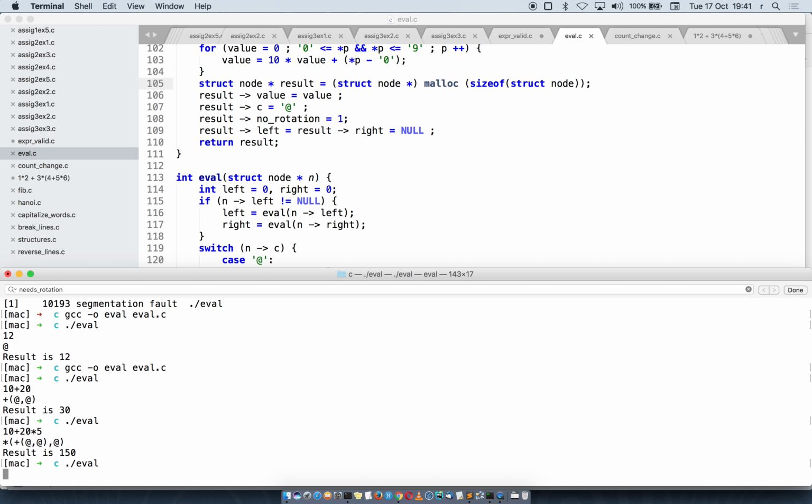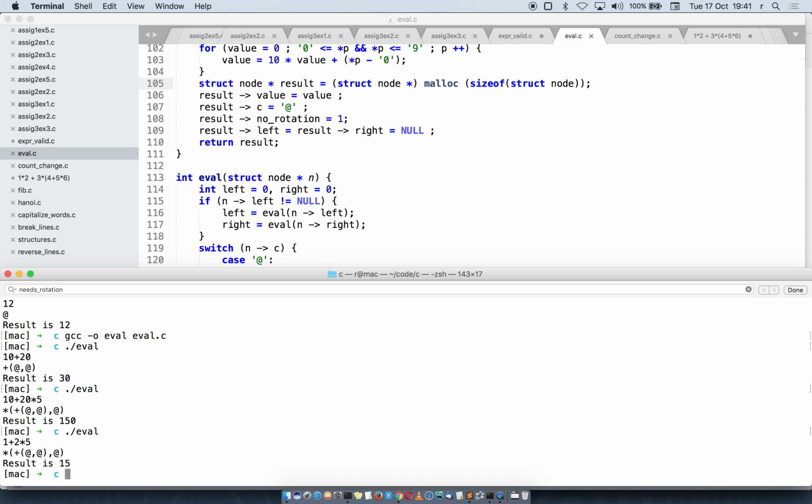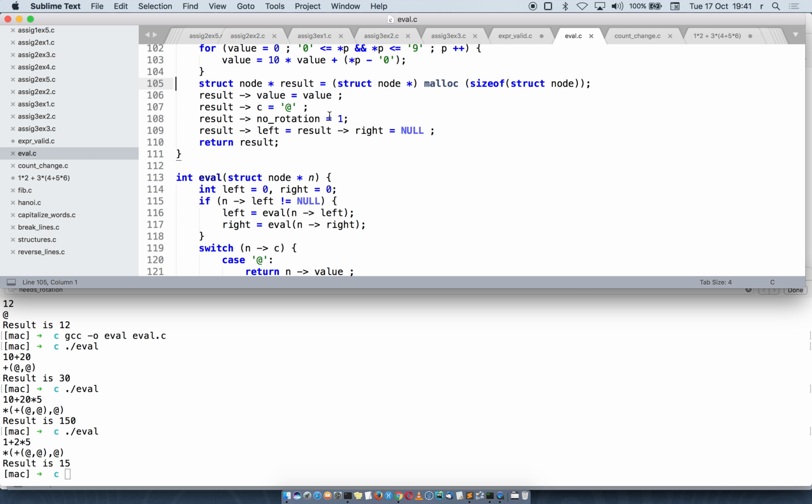So when we were doing 1 plus 2 times 5, oh, it's because of the rotation now. This rotation is not good business.